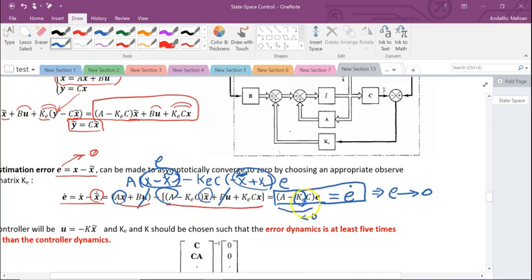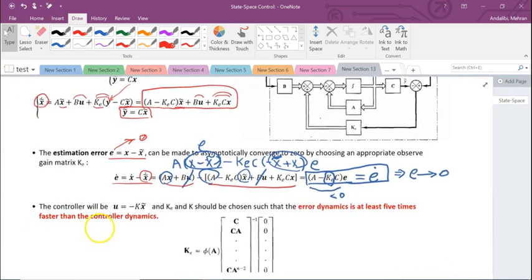So all we need to do is to choose this gain matrix KE such that A minus KEC becomes negative definite, or the eigenvalues of this matrix are negative. So if the eigenvalues of A minus KEC are negative, we can have the error approach 0, and that's the ultimate goal.